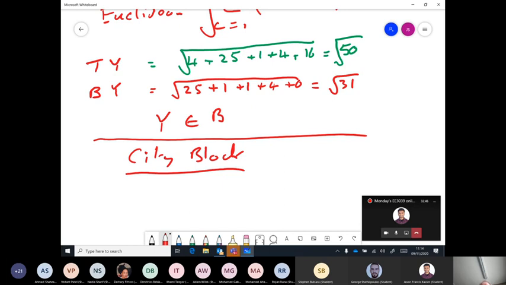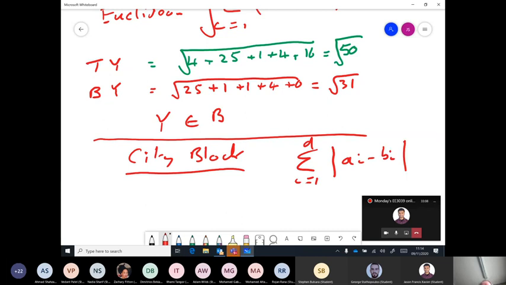The city block distance, remember, it is the summation, i equals 1 to D, over the mod of, let's do the general case, Ai minus Bi.